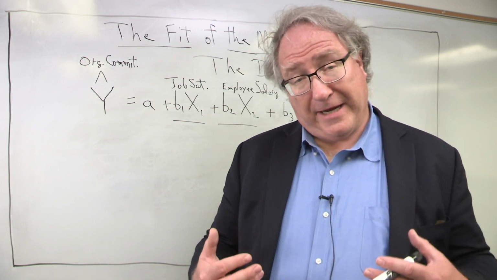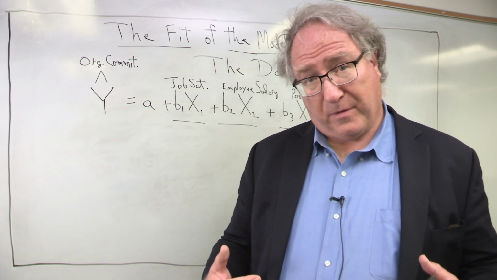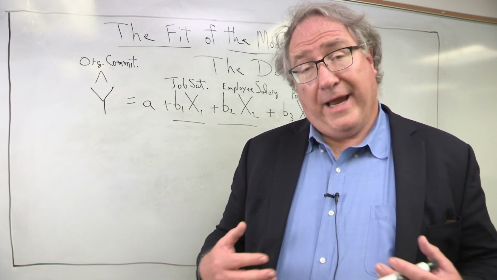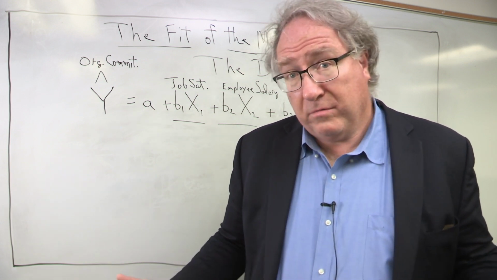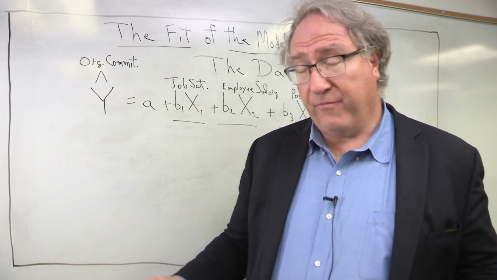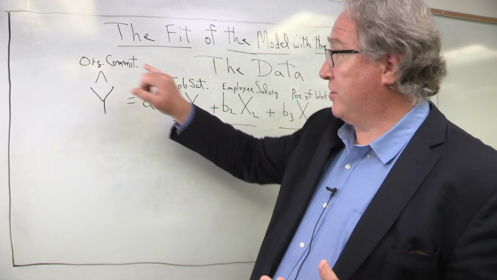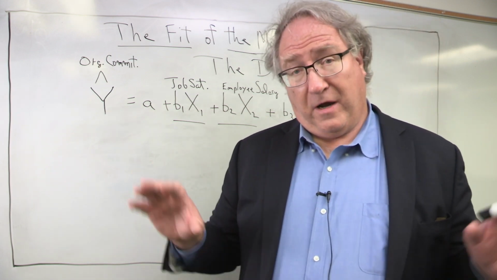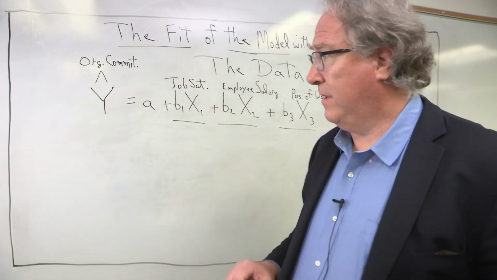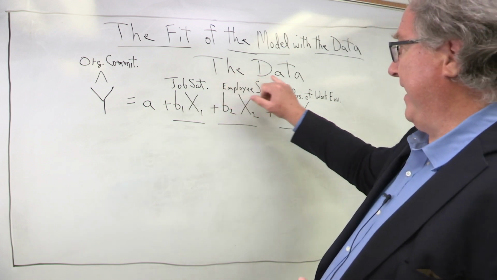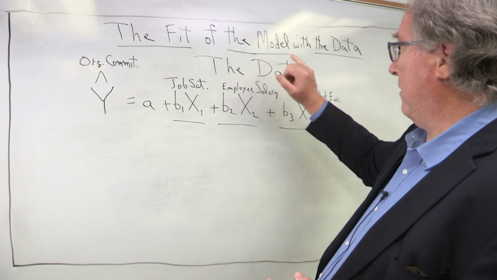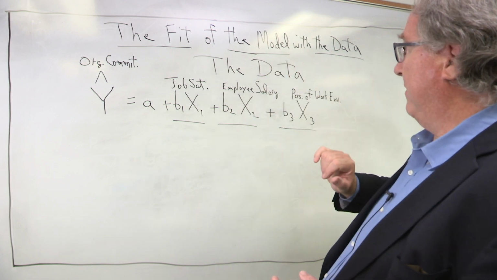So you handed that back in along with the measures of the predictor variables, and each of them was scored by the researcher, and you got an actual score on the measure of the outcome variable, in this example, organizational commitment. And those actual observed scores on the outcome variable, they are the data within the phrase, the fit of the model with the data.